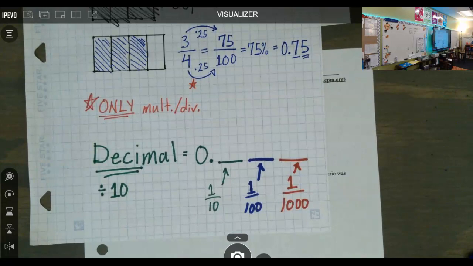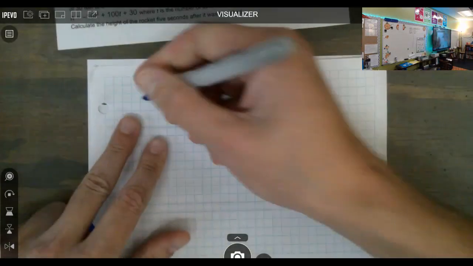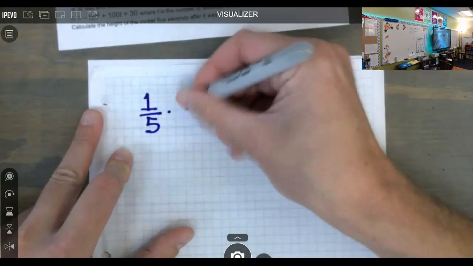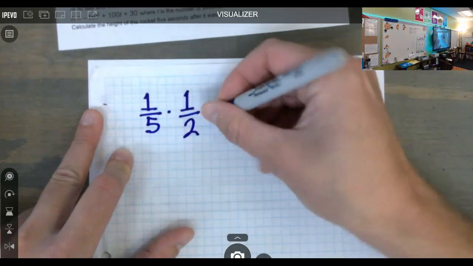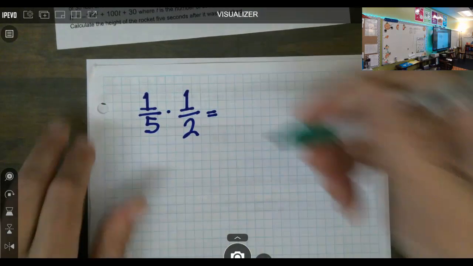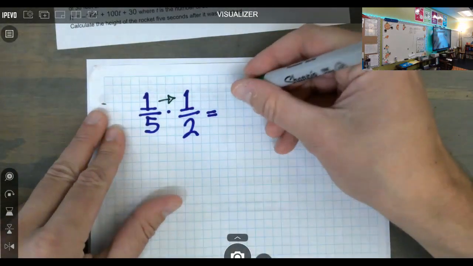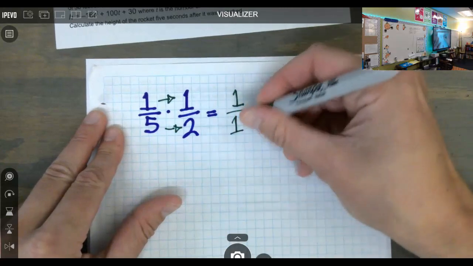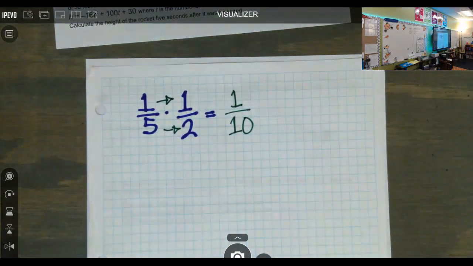I'm going to make a note that when we multiply fractions, we said 1/5 of a half. So in that second round of splitting things up, how much did each of them get? Well, 1 times 1, 1 over 10.